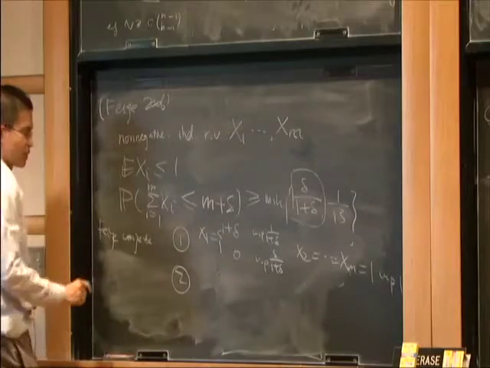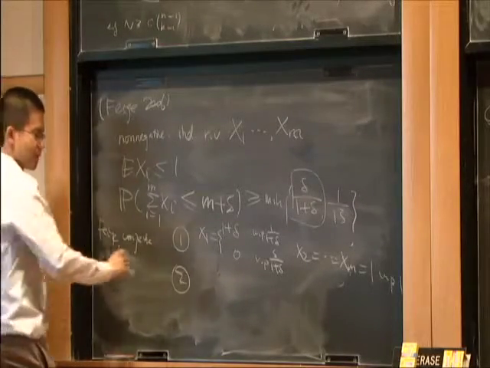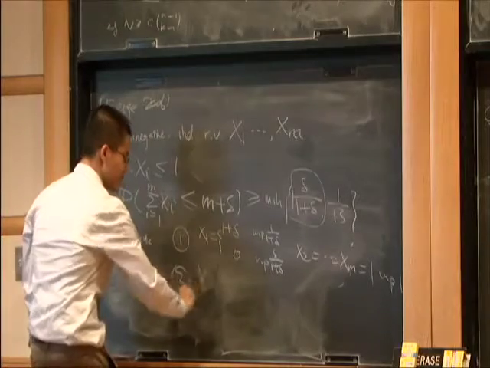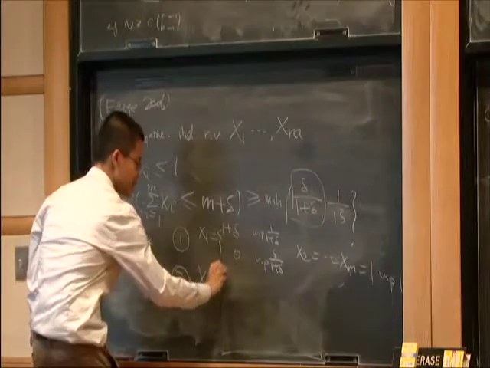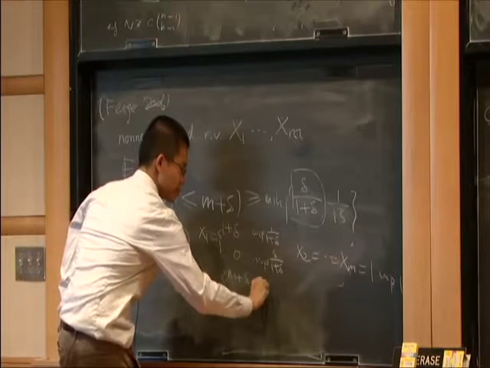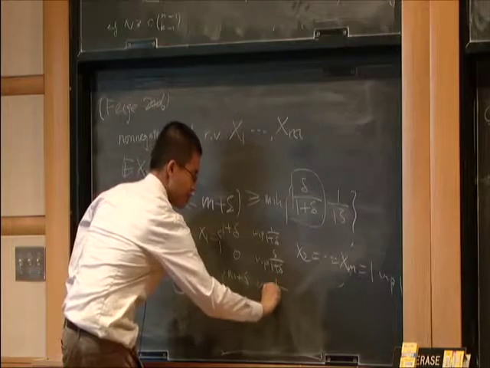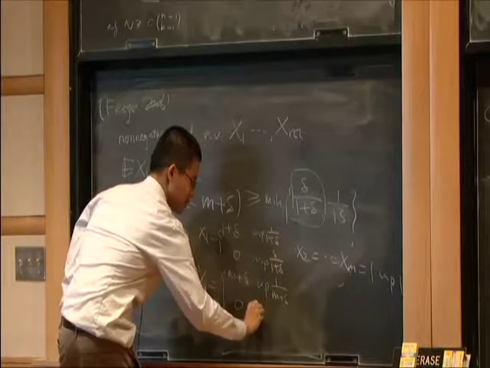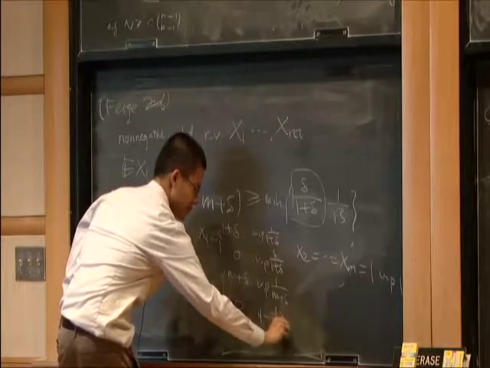And he also conjectured that there can be another case which sometimes does better. All the Si are equal to m plus delta or 0. The first is with probability 1 over m plus delta, and the second is with probability 1 minus 1 over m plus delta.